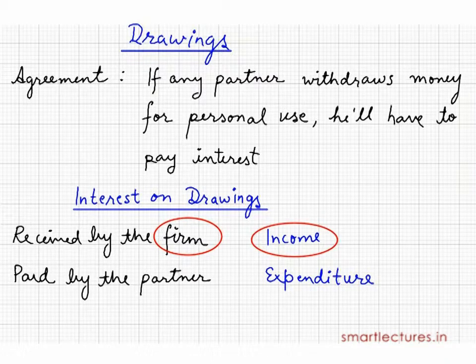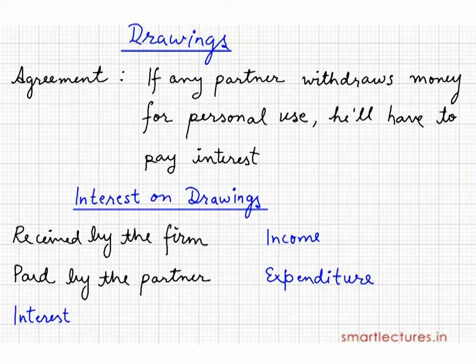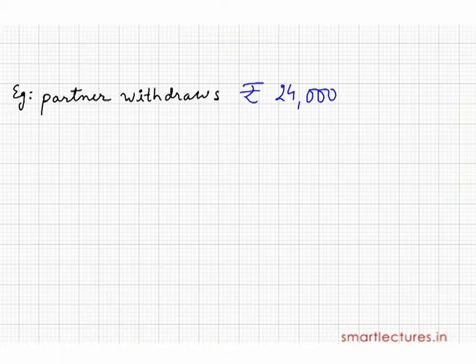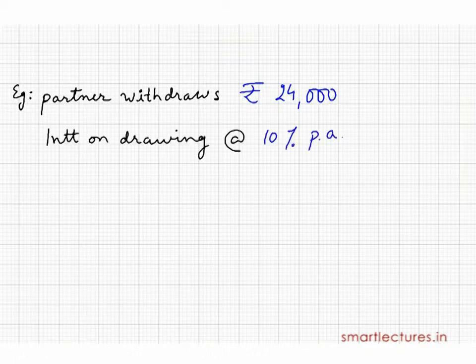Now the thing is how to calculate interest on drawings. You are well aware that all interest is calculated normally on an annual basis, I mean to say per annum. Suppose in a question, a partner withdraws 24,000 rupees from the firm and interest on drawings is charged at the rate of 10% per annum.